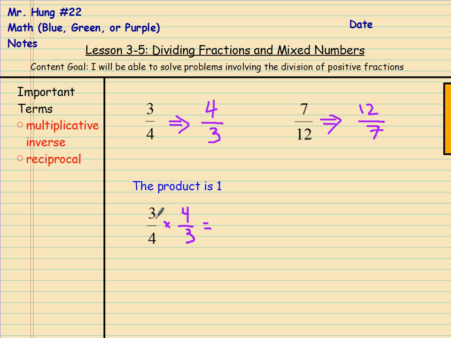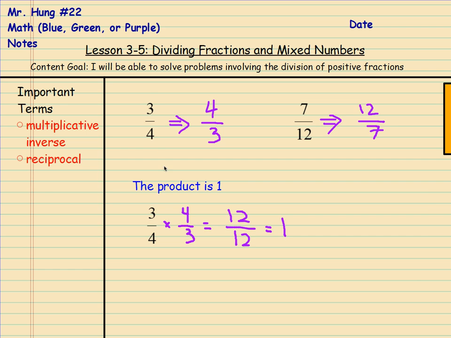What do we do here? We have 3 times 4 is 12. On the denominator, 4 times 3 is 12. 12 divided by 12 is 1. And every time we multiply a number by its reciprocal, we always get 1.